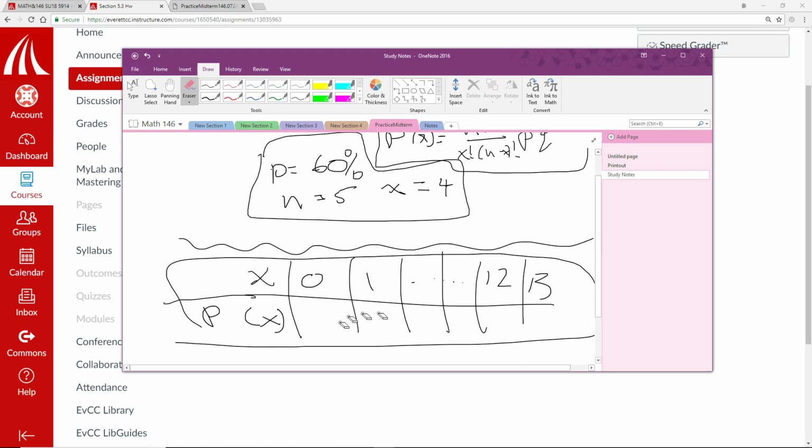So this is a probability distribution, and the sum of all of those probabilities will total 1. So I can do this in a number of ways. I can do exactly 12 and 13 added together, or I can do the cumulative distribution from 11 down and subtract it from 1.